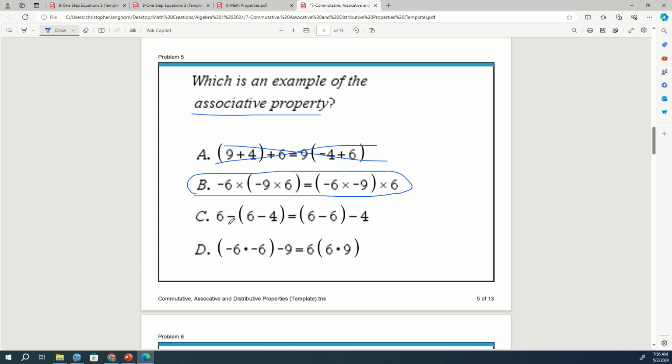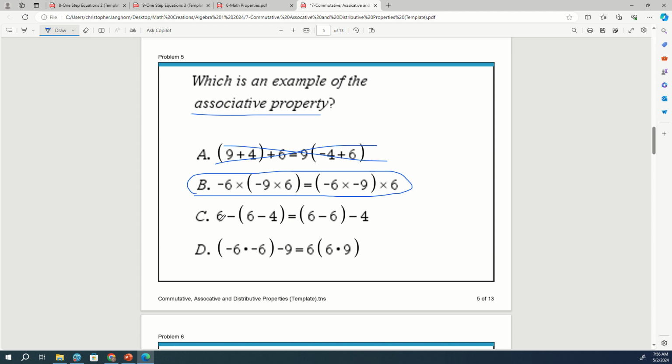These other ones don't work because, actually, wait a minute. Oh, no. This one doesn't work because the negative would be distributed, which would make this plus. It looks like this one shifted, but it wouldn't work.